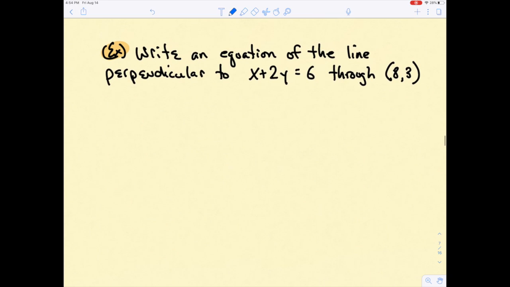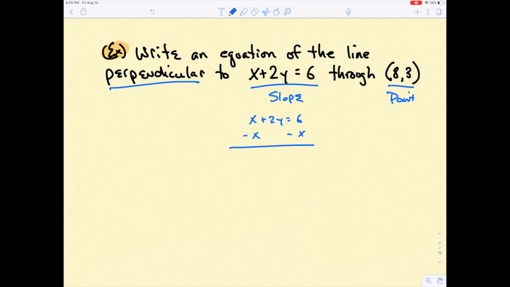Second question, write an equation of a line perpendicular. Okay, key, perpendicular. So I want that negative reciprocal or opposite reciprocal to this line through this point. Okay, so let's see, what do we want to do? I have a point. If I had the slope from here, then I'd be in business. So let's go ahead and calculate the slope, and I do that by solving for y. So x plus 2y is 6.